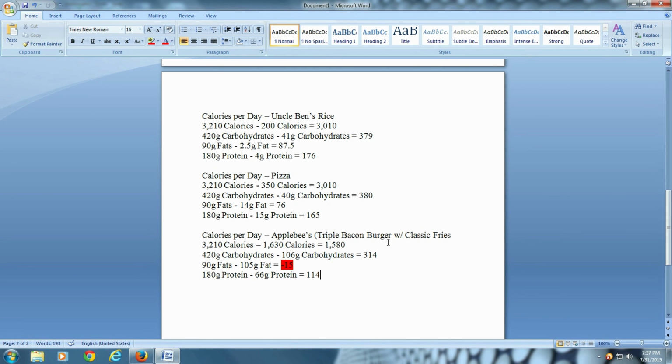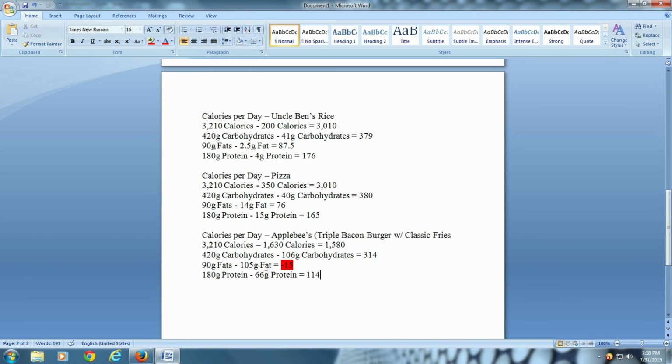After eating everything, I've consumed a little over half of my calories just from that one meal. After I eat that, it only leaves me with 1,580 calories and 314 grams of carbohydrates.